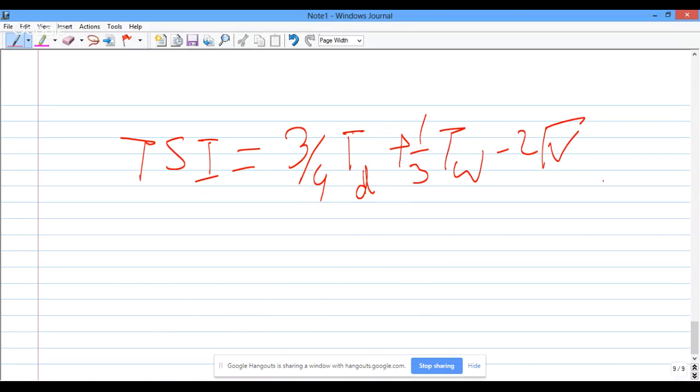The V has to be given, or TSI has to be given, something has to be given. One unknown you can find out from here. So inside the room, if I know the velocity, then I can calculate TSI. Or if I know the comfortable TSI, TD is known, TW is known, relative humidity is known, then I can find out the V also, right? That is for the comfortable range. Okay. Any other question? No other questions.